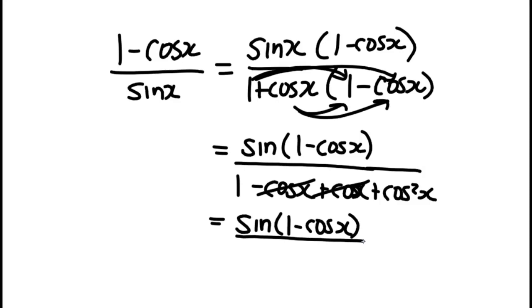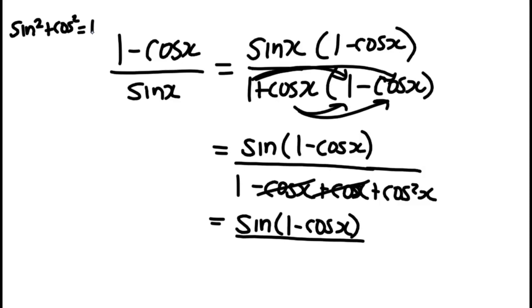What is that? Does anybody remember? 1 minus cos squared x is the same thing as what? We use this one all the time. Remember the Pythagorean identity? Oh, sorry, is that supposed to be a minus sign?